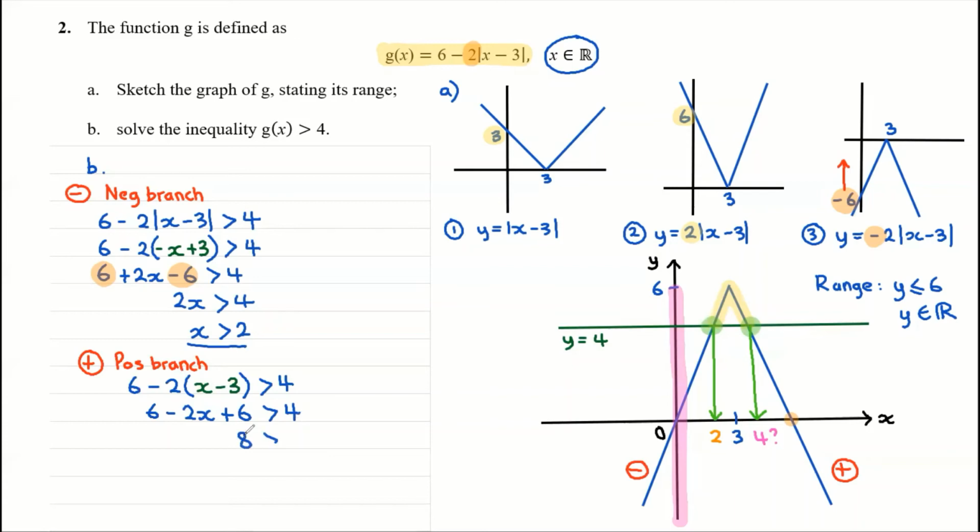And then if I add 2x to both sides, that's going to give me 2x here. Okay, you can do this however you wish. Divide by 2. And we have x is strictly less than 4. So I've just confirmed that that is indeed at 4, as we anticipated.